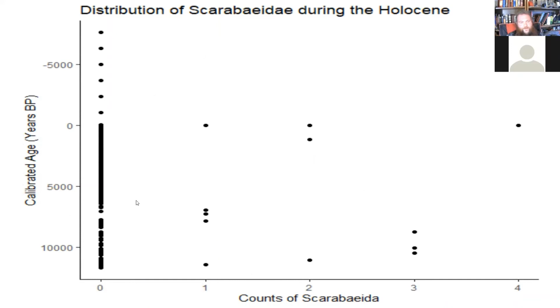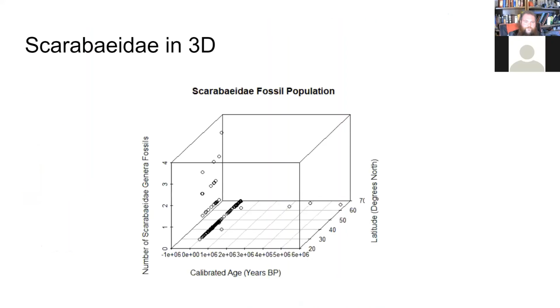We're not finding these scarab fossils roughly between 6,000 and I'm going to say 2,000 years ago. But that's not unreasonable because we know that during that period of time, there were intermittent cooling periods during the Holocene. So it's not terribly unexpected.